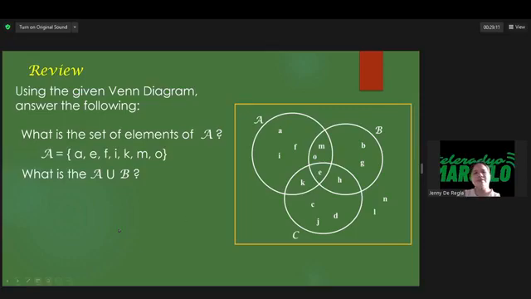So the set of elements of A union B are A, B, E, F, G, H, I, K, M, and then O. Those are the letters inside the circles A and B. So your answers are correct.